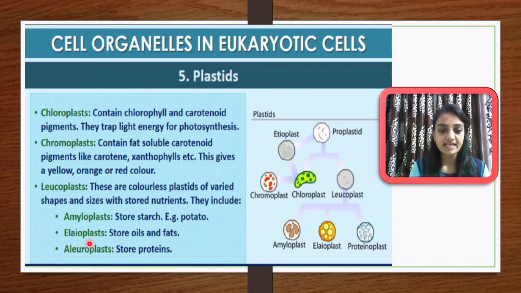Then elaioplast, that stores oils or fats. Then aleuroplast, that stores proteins. In this way leucoplast can be divided into three groups. If they store starch, it is an amyloplast, example potato. If they store oils and fats, it is an elaioplast. Then aleuroplast means they store proteins.